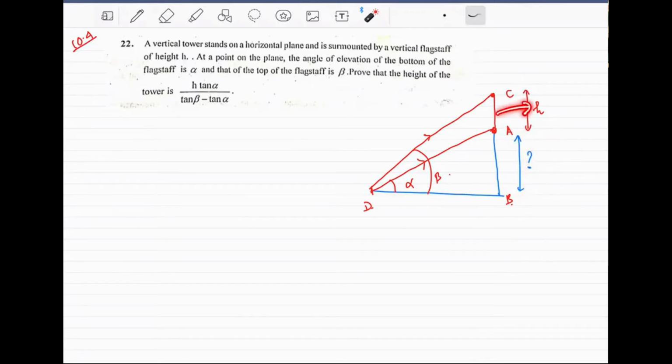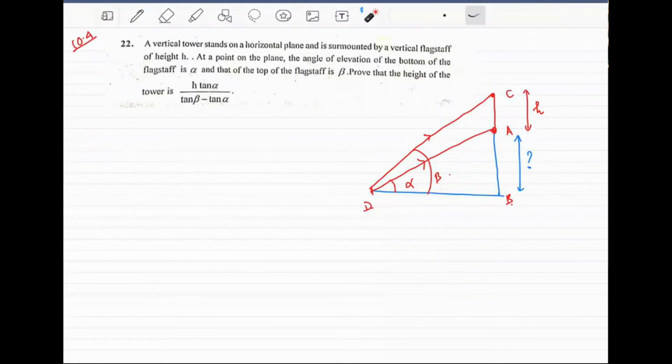This value is h. We don't know this part, so we are going to find out this part first. And in order to do that, we have to find out BD first. Our strategy will work like this: you take this small triangle and you find out BD first, and then we will use that in here.